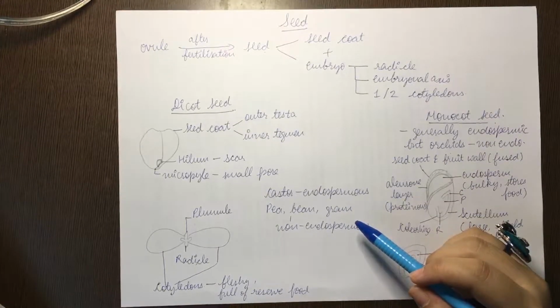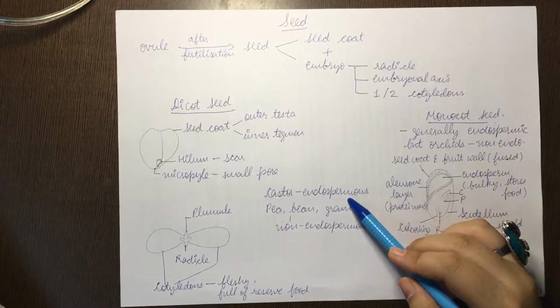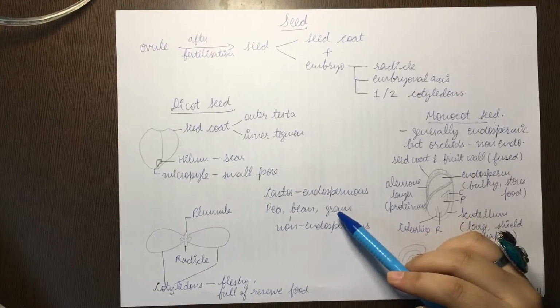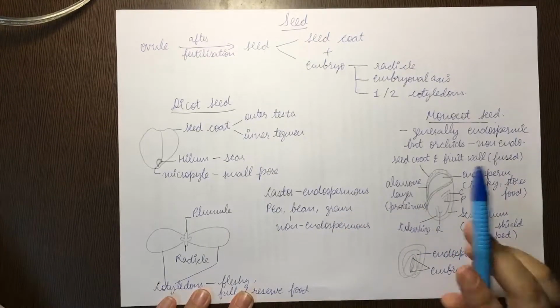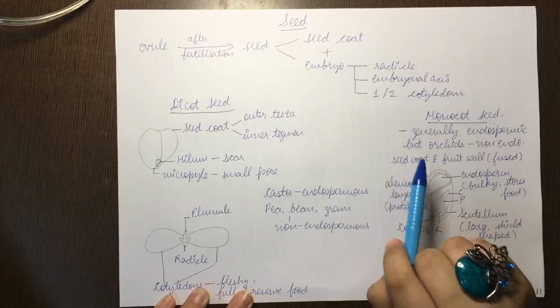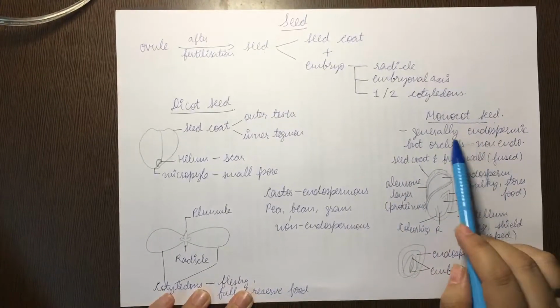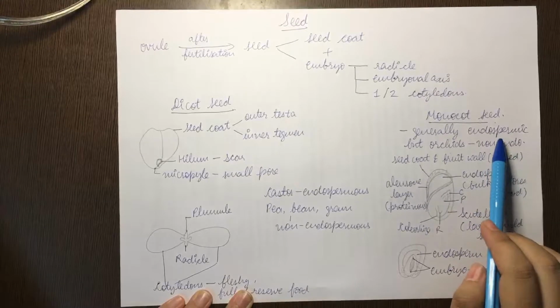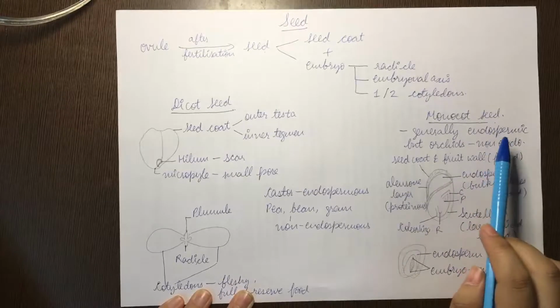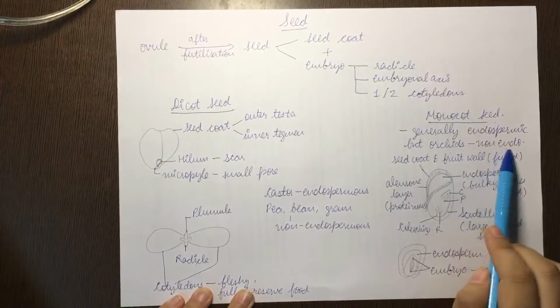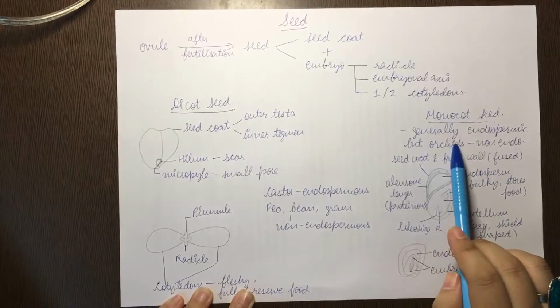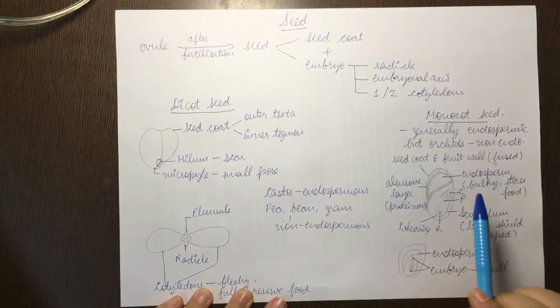It is a food storing tissue, and in these plants the endosperm is not present in mature seeds, so these are called non-endospermous. Now the monocot seeds are generally endospermic, that is they have the endosperm, but orchids are non-endospermic, so this is like an exception.